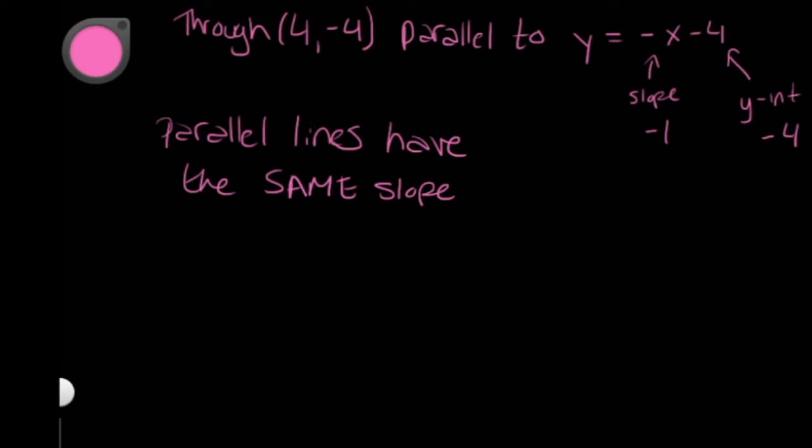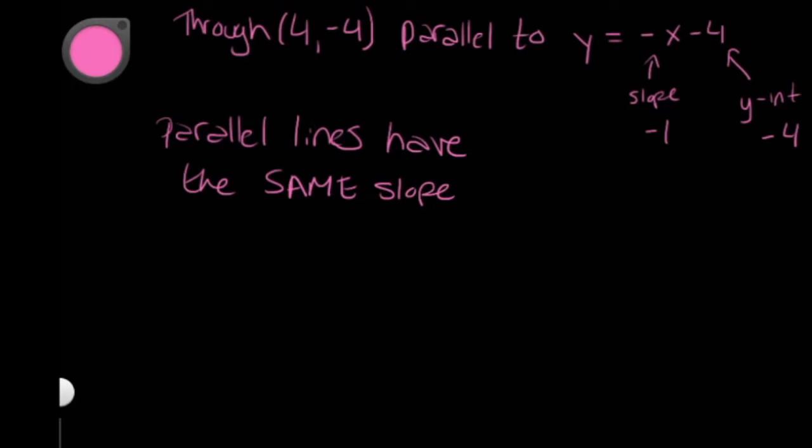So, for example, this question here, we have one line that has a slope of negative 1 and a y-intercept of negative 4. If we have this information here that says it's going to run through 4 and negative 4, we can plug those 2 points in to find our new y-intercept, to be able to graph that line.